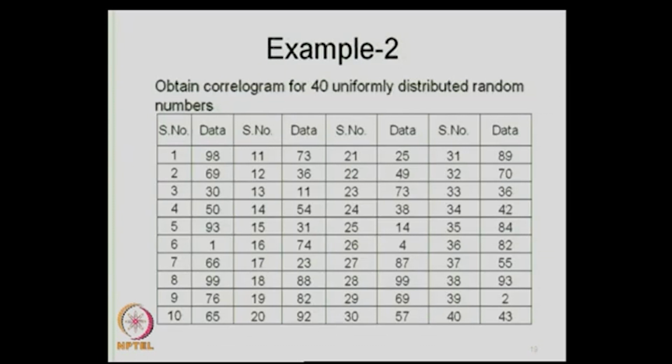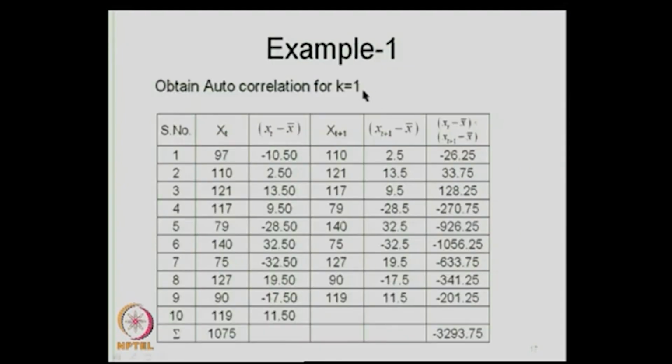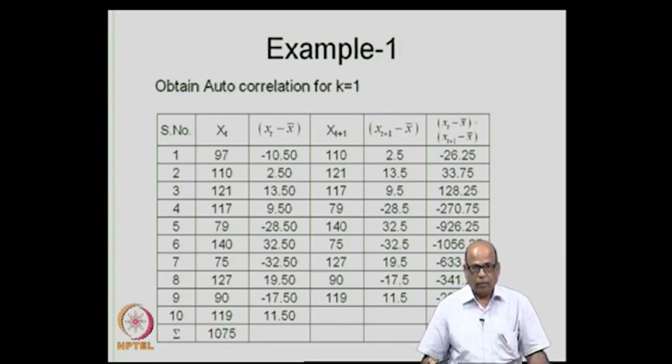All right. Now, we know how to compute for various values of k. In this particular case we computed for k is equal to 1. So, we also know how to do it for k is equal to 2, k is equal to 3 etcetera. You simply lag the time series by those many time units and then use the same procedure and compute the autocorrelations associated with various values of k. We said that for a purely random series, the rho k's should all be insignificant for k not equal to 0.